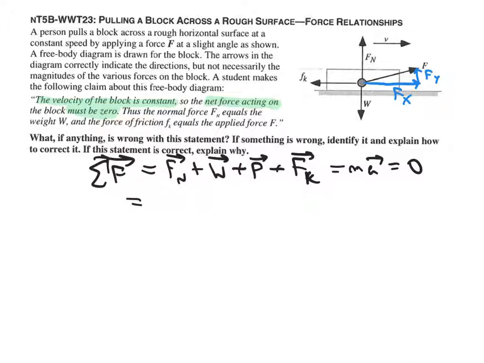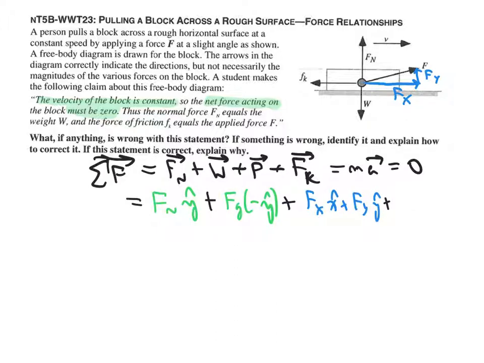Fn is just Fn in the y-hat direction. The weight is just Fg in the minus y-hat direction. The force F is going to be Fx in the x-hat plus Fy in the y-hat. And Fk is going to be its magnitude, but in the minus x-hat direction.